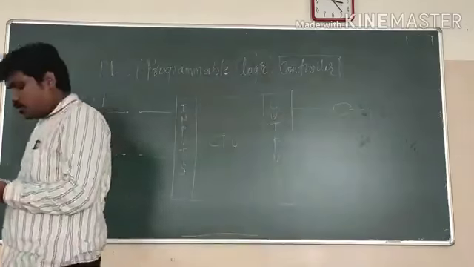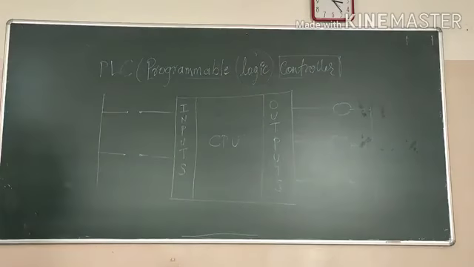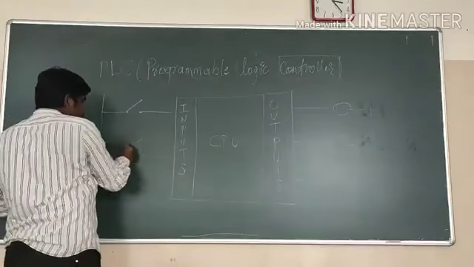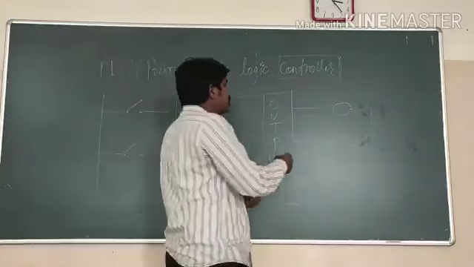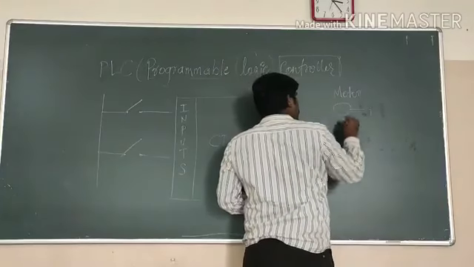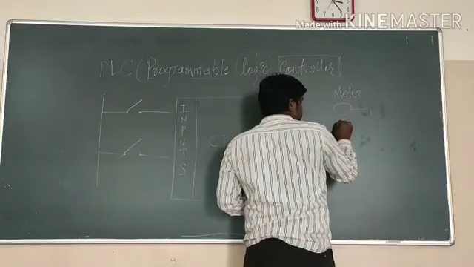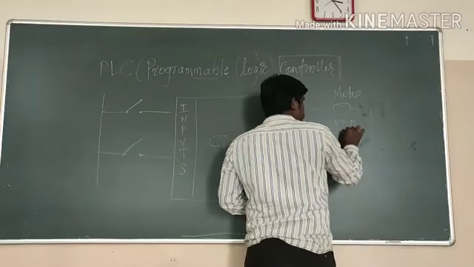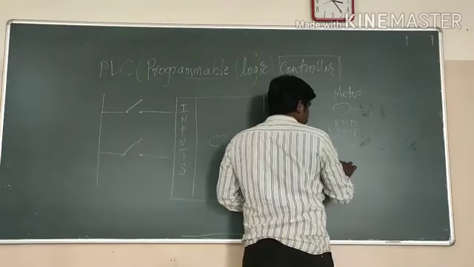These are the two switches, and let's suppose this is the motor, a red lamp, and a green lamp.